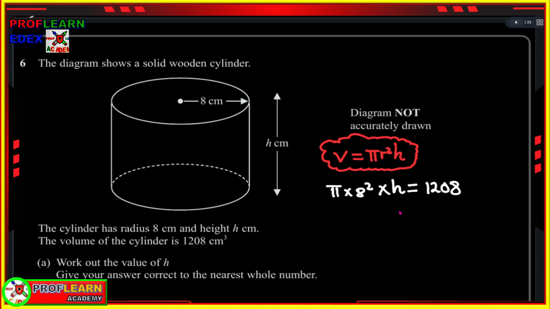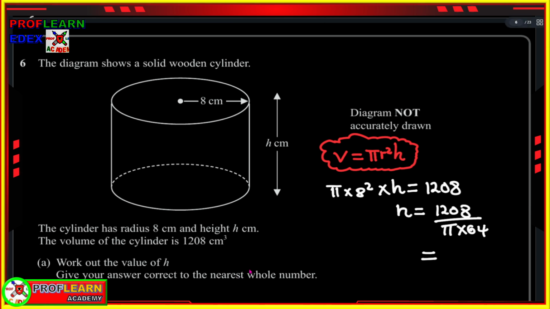So if we are finding our h, we are going to make h the subject of the formula: 1208 divide by pi times 64. If you work it out, what does it give you? Write in the comment section. 1208 over pi times 64, which is going to translate to the nearest whole number.